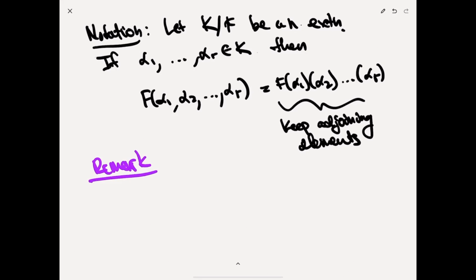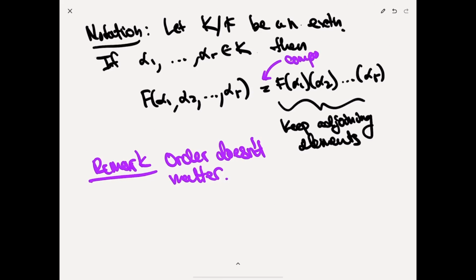Let me make a little remark here: the order doesn't matter. F adjoining alpha 1, then adjoining alpha 2, is the same thing as F adjoining alpha 2, then adjoining alpha 1. So this is really a composition of simple extensions.